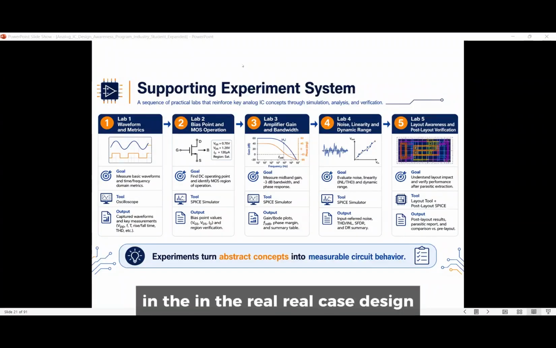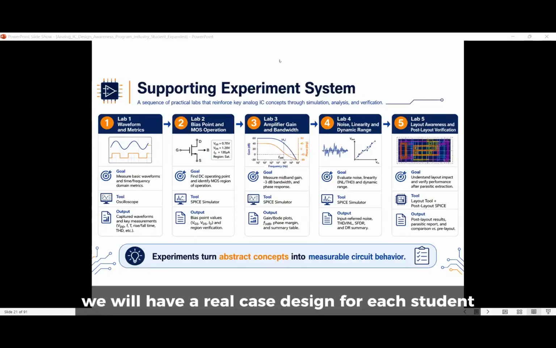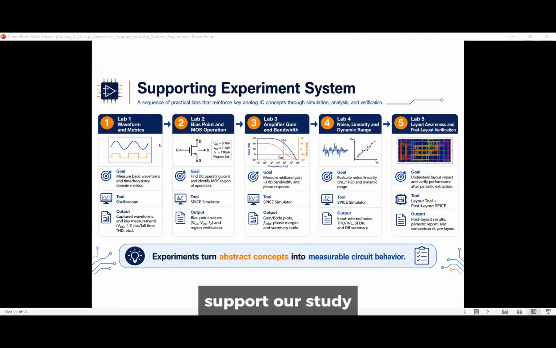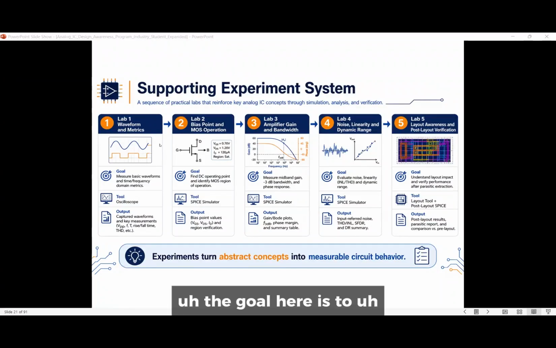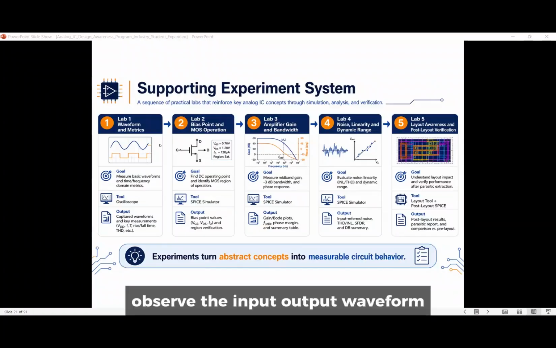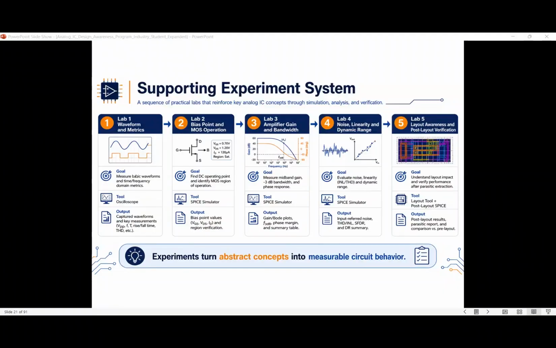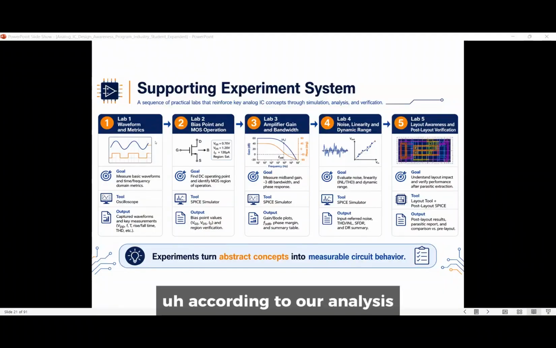In the real case design, at the end we will have a real case design for each student. So how can this design support our study? First we have to run the simulation to verify our circuit. The goal here is to observe the input-output waveform, and see if this waveform is reasonable according to our analysis.